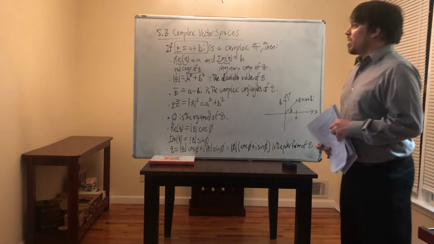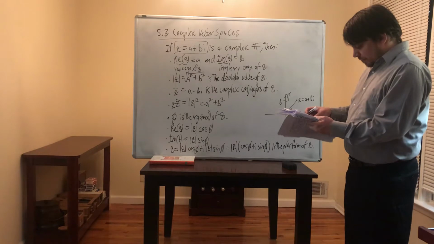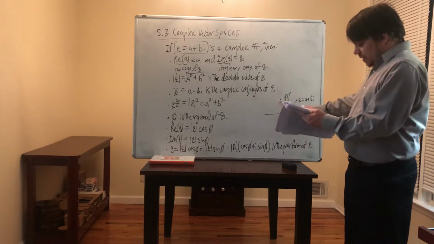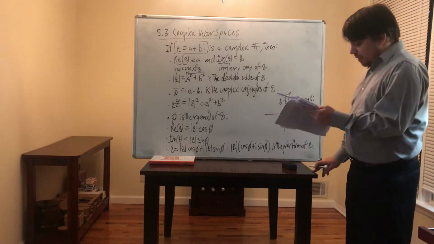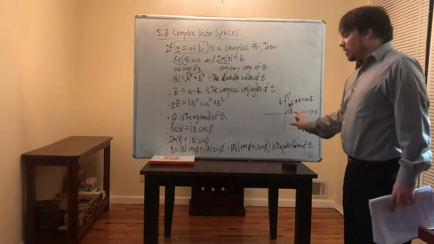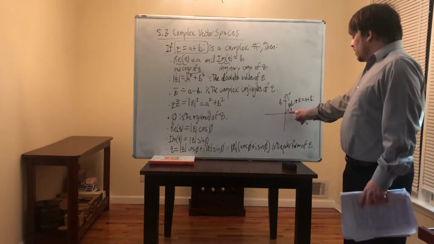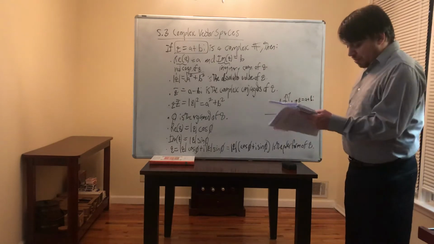Okay, and so this is some complex analysis. In this figure, the length of this is the absolute value of z, and I put a little arrow there as a vector. The length of that vector is the absolute value of z, and that's the argument of z, phi, with real component of z, a, and imaginary component of z, b.